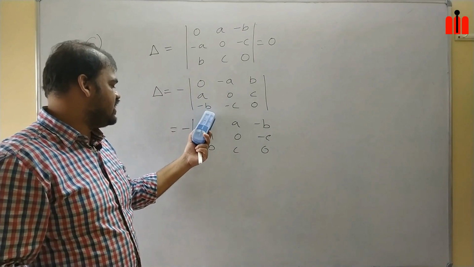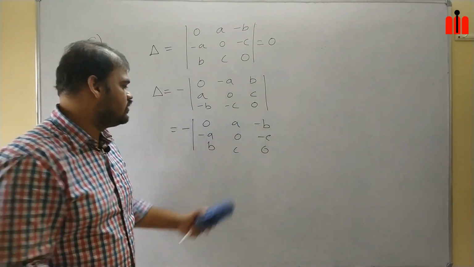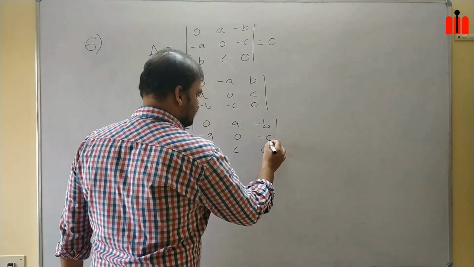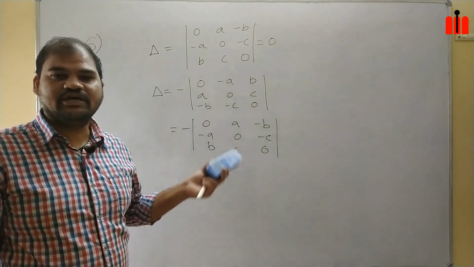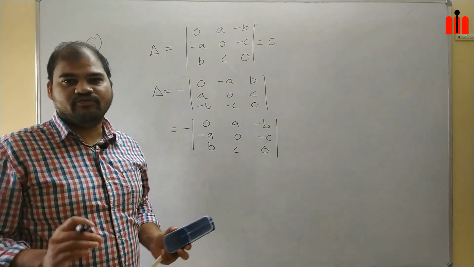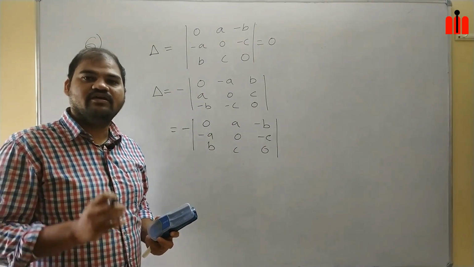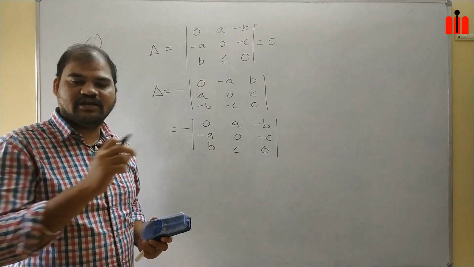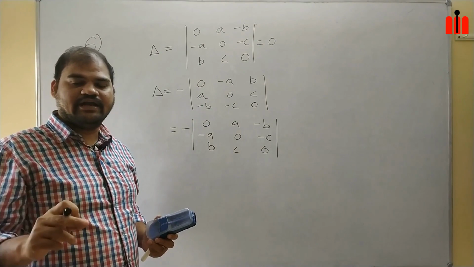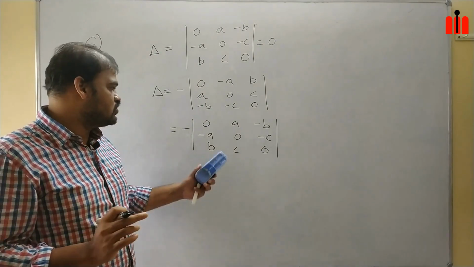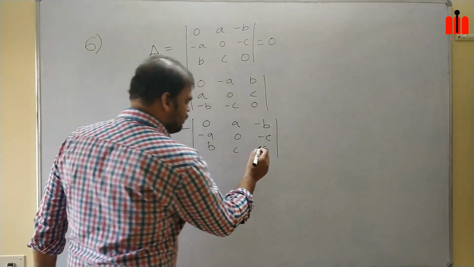Okay. 0, A, minus B is column C1. It has become a row over here: 0, A, minus B, and this is minus C. Are you getting it? What I had done, I had interchanged the rows and columns. If you interchange the rows and columns similar to the transpose, then the determinant of the earlier one and this will be the same. Earlier A and A transpose both will be the same. So these two are the same, so I can replicate it over here.